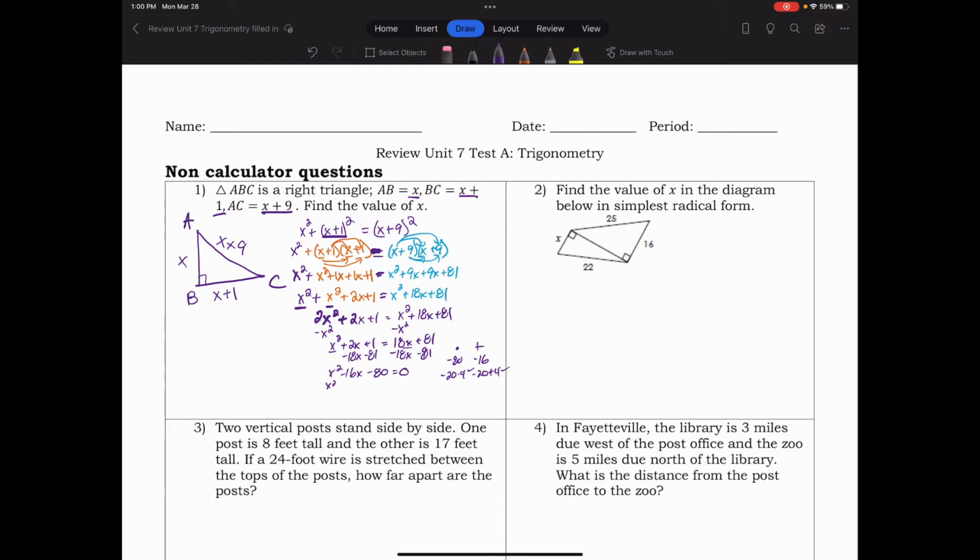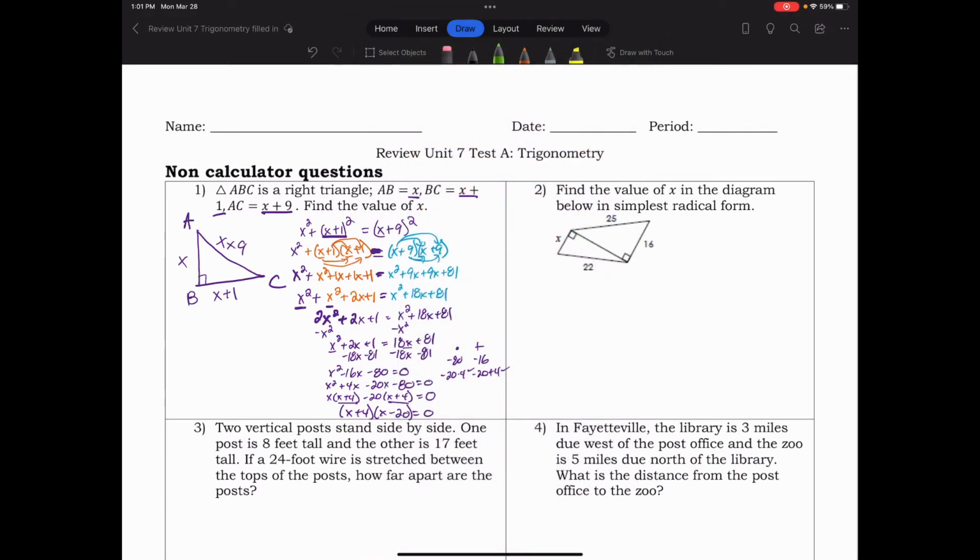So this is going to be x squared plus 4x minus 20x minus 80 is equal to 0. X times x plus 4 minus 20, because I'm finding the greatest common factor, x plus 4 is equal to 0. So my factored form is x plus 4, because there's a common factor, times x minus 20 is equal to 0.